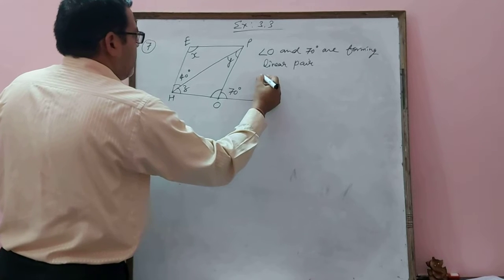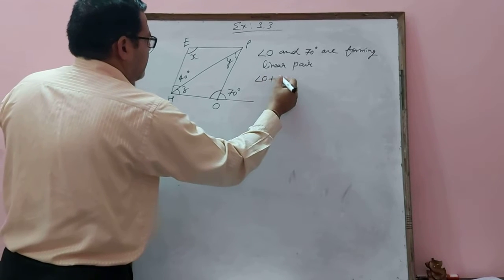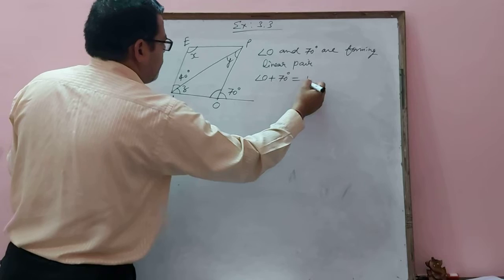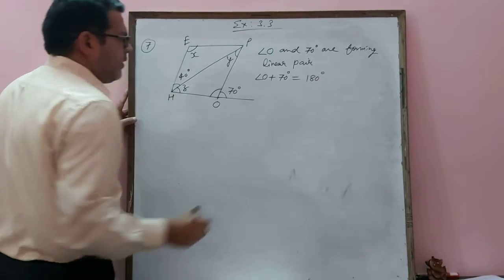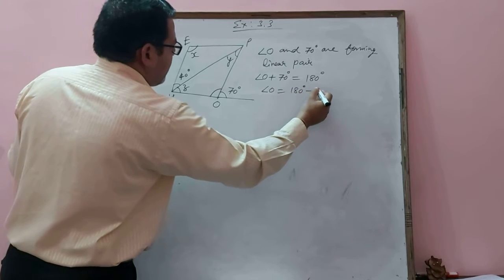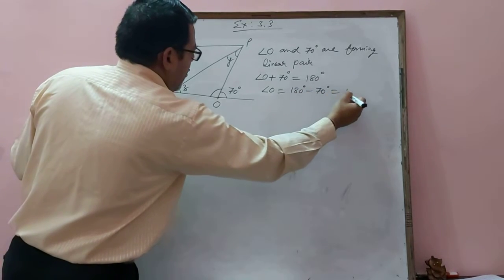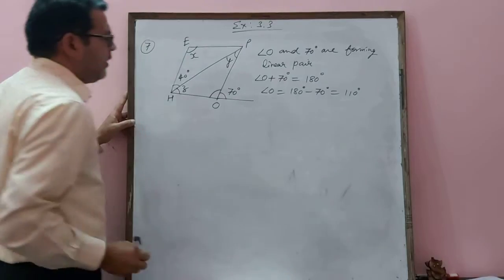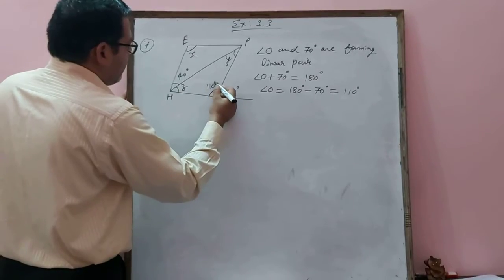Therefore, angle O plus 70 degree equals 180. Right? So angle O equals 180 minus 70, that is 110 degree. So this angle is 110 degree.